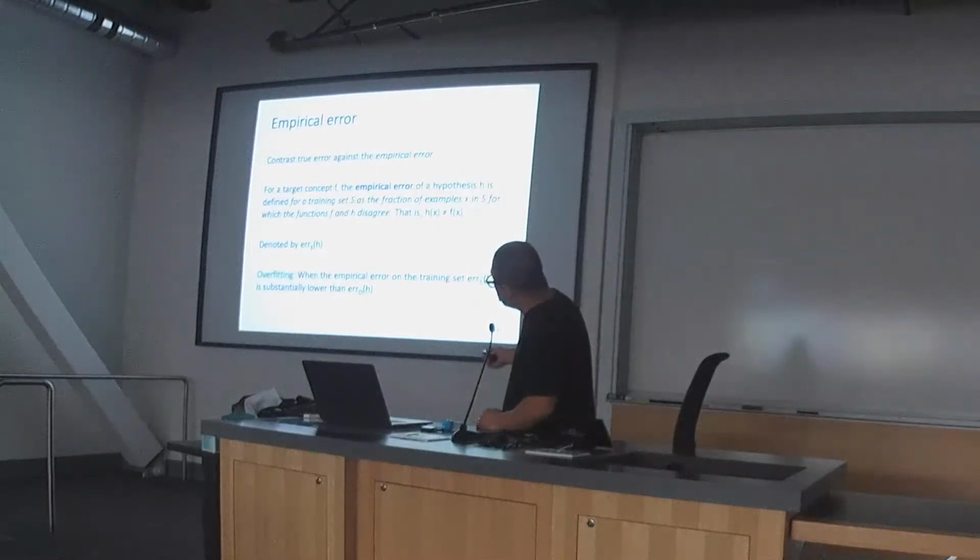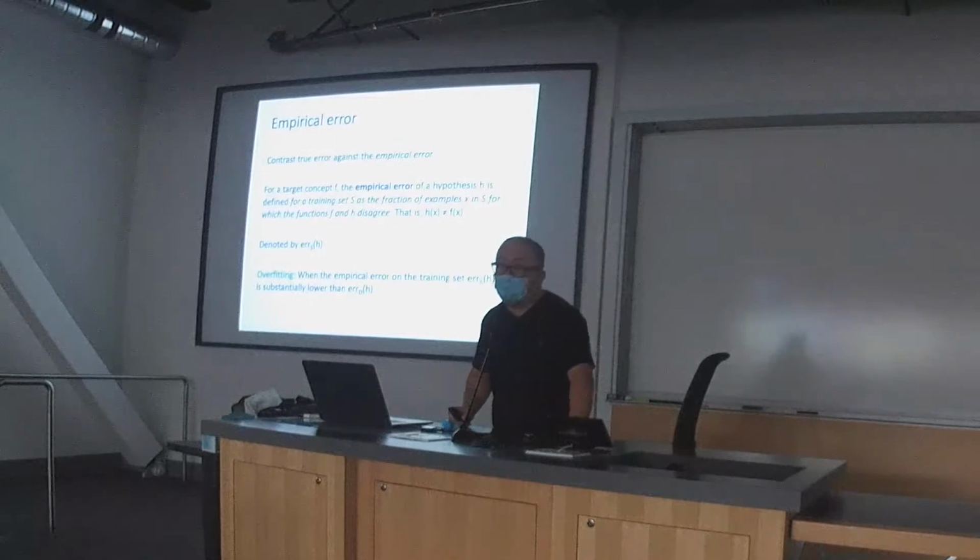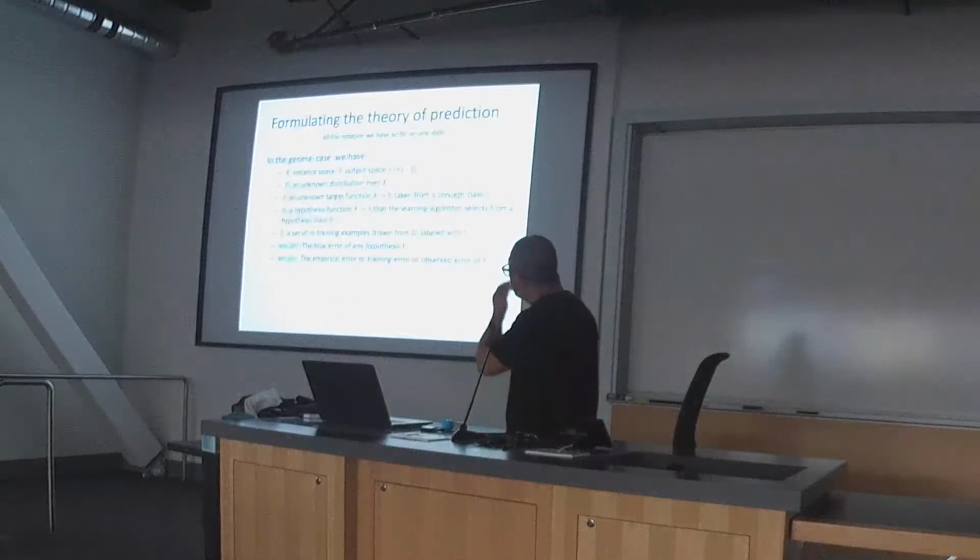So your empirical error is almost 0, but the generalization error is 70%. That really indicates your model overfits the training data too much, and it also perfectly fits the noise in the training data.